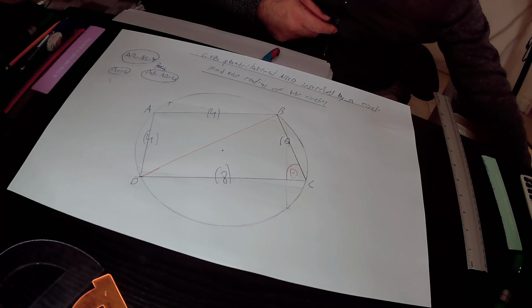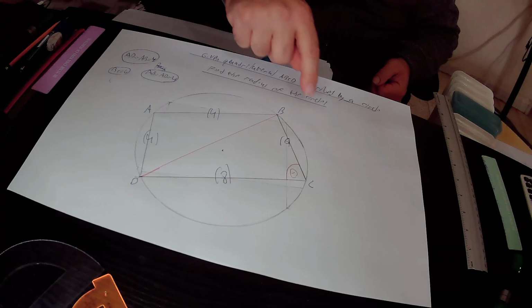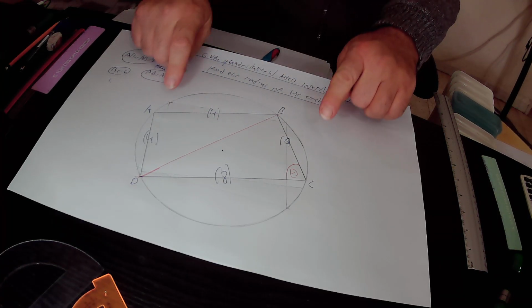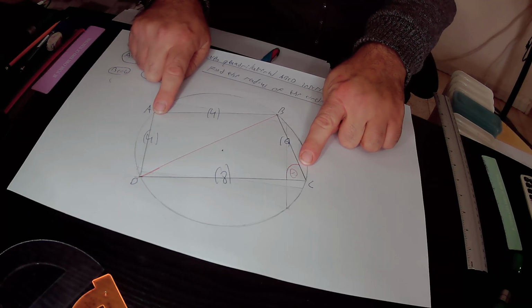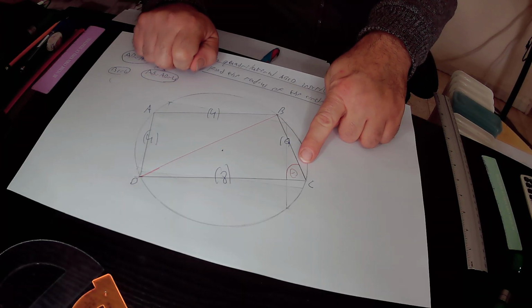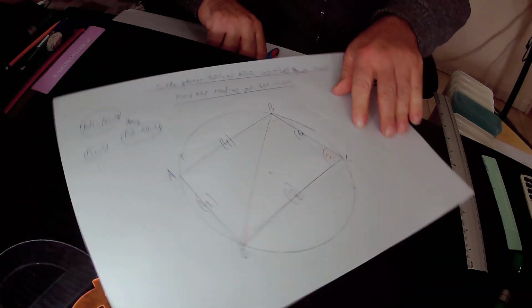Therefore, this angle equals theta, and this missing angle must be equal to 180 degrees minus theta.